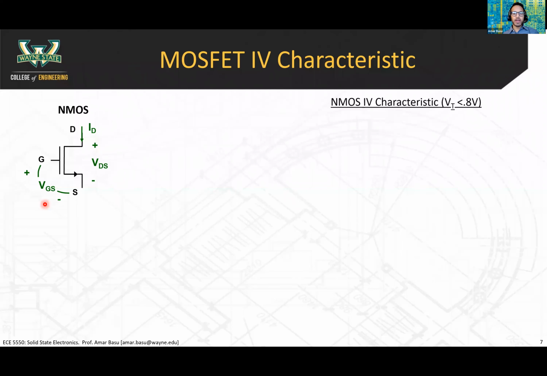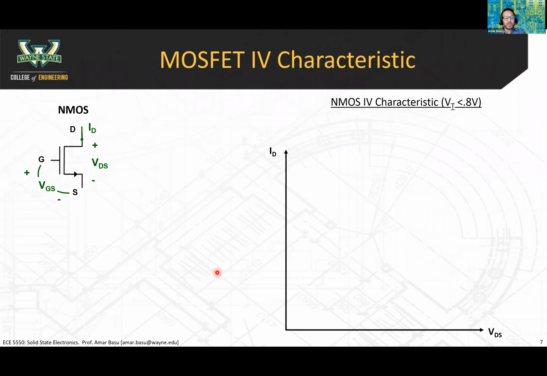So a typical IV characteristic for an NMOS device with a threshold voltage of, say, 0.8 volts might look something like this. Again, the current is plotted as a function of VDS, for several values of VGS to account for this parameter.